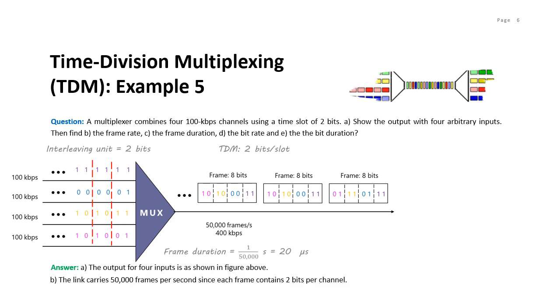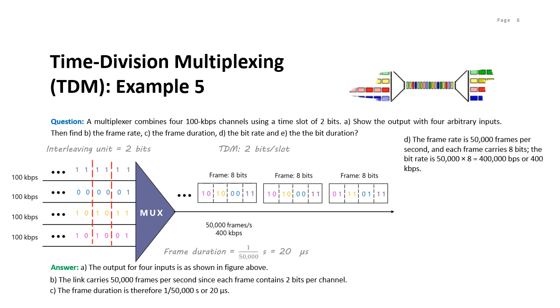For B, the link carries 50,000 frames per second since each frame contains 2 bits per channel. For C, the frame duration is therefore 1 over 50,000, or 20 microseconds. For D, the frame rate is 50,000 frames per second, and each frame carries 8 bits.